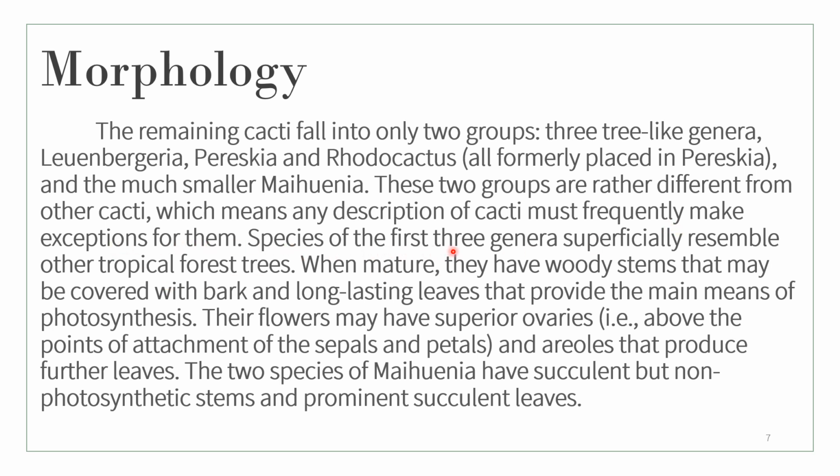Species of the first three genera superficially resemble other tropical forest trees. When mature, they have woody stems that may be covered with bark and long-lasting leaves that provide the main means of photosynthesis. Their flowers may have superior ovaries above the points of attachment of the sepals and petals, and areoles that produce foliage leaves. The two species of Maihuenia have succulent but non-photosynthetic stems and prominent succulent leaves.